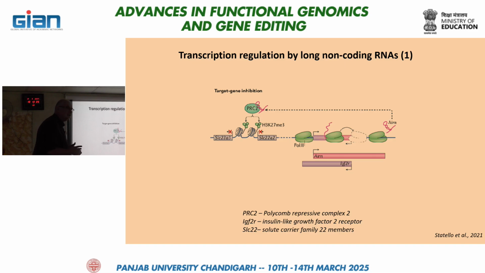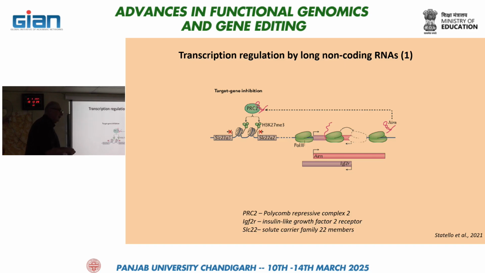This is not because of some sophisticated mechanism. This is just a collision of two polymerases. If the transcription of the long non-coding RNA is stopped, then transcription of the target gene is on.